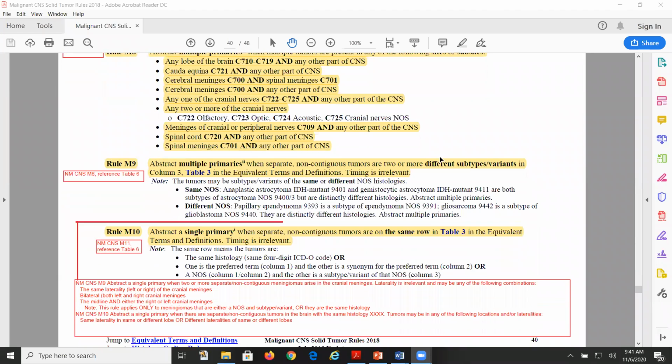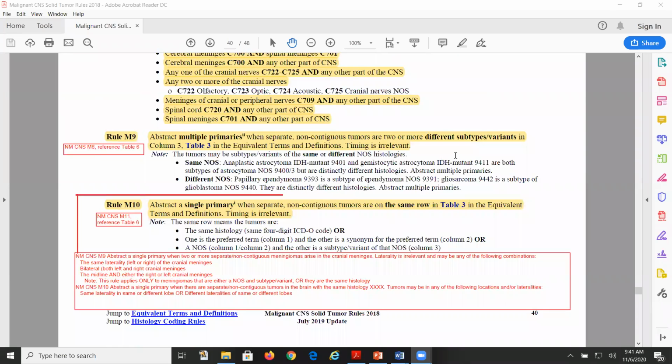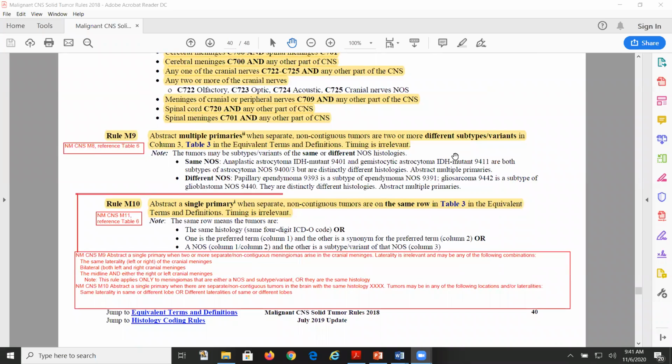M9, abstract multiple primaries when separate tumors are 2 or more subtype variants. We have that rule in other solid tumor rules of the other primary sites. M10, single primary when histologies are on the same row. We've seen that rule before.